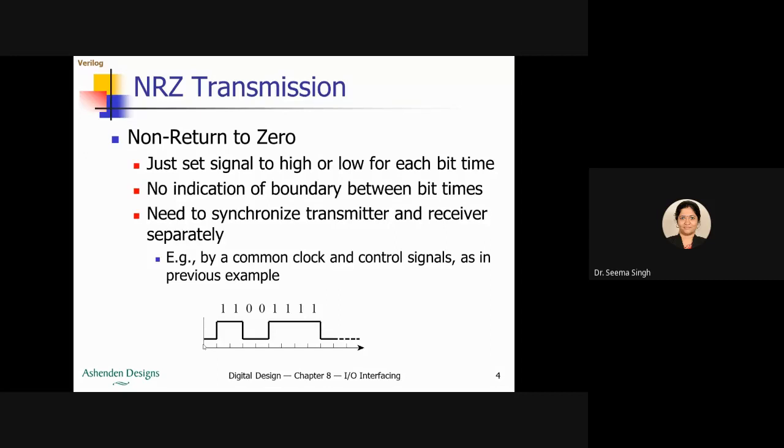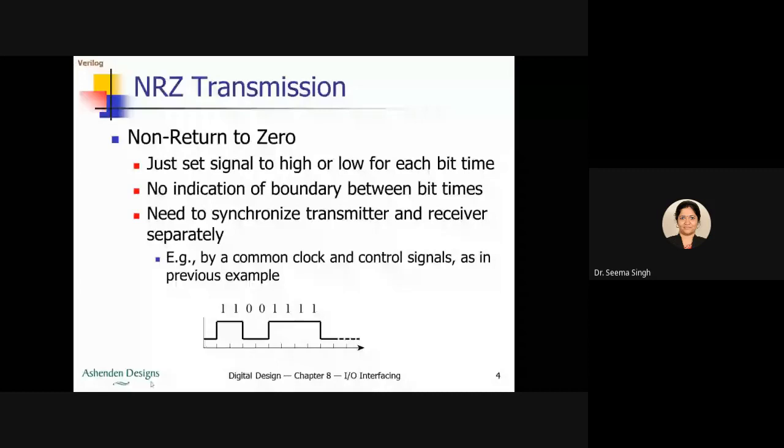So now whether you are transmitting a 0 or there is no signal transmitted, there will be confusion.